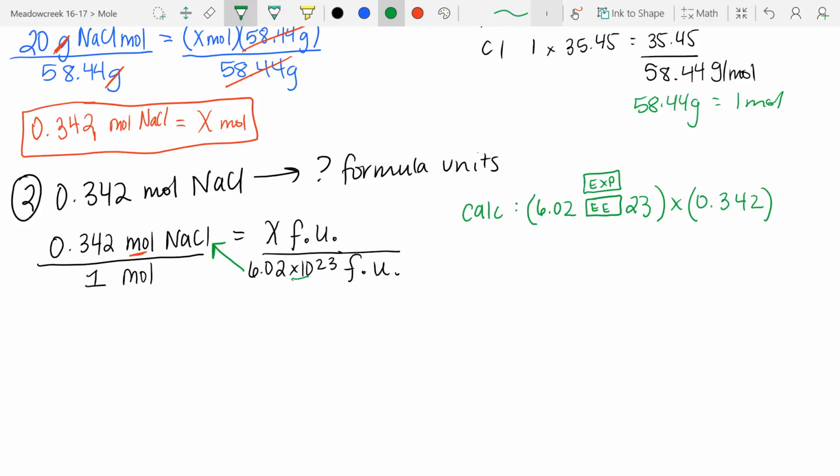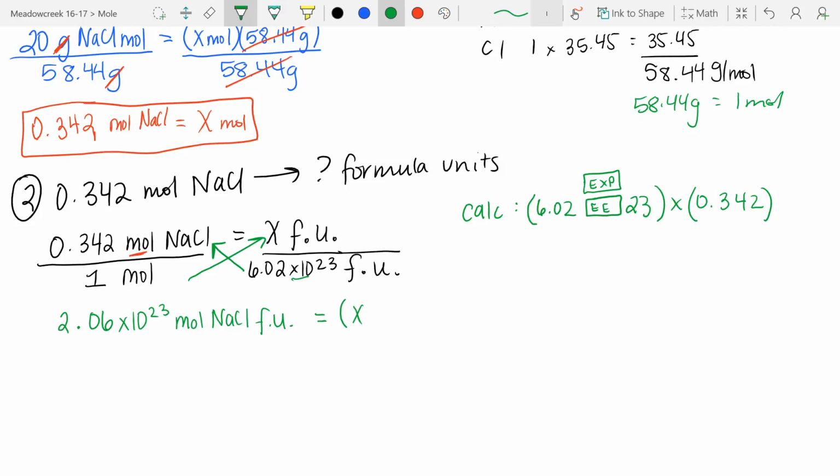So 6.02 EE23 times 0.342 is going to give us an answer of 2.06 times 10 to the 23rd. And our units are going to be mole NaCl formula units.